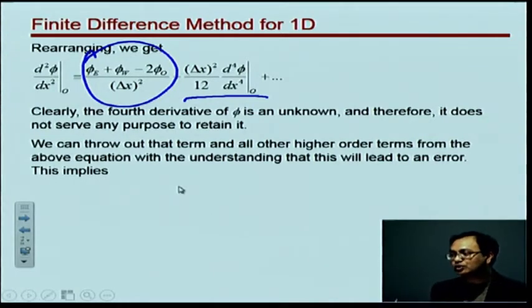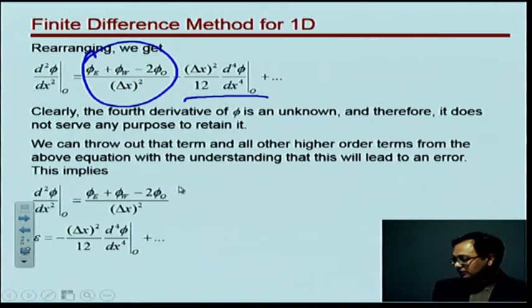So what we have really is an approximation of the second derivative using finite difference, which has only the nodal values of phi that we want to solve for, with an accompanying error that looks as follows.